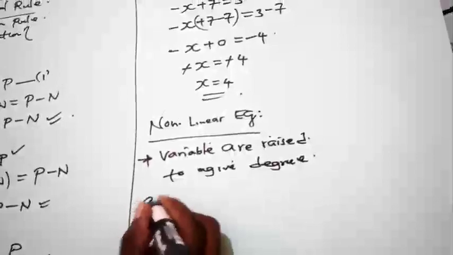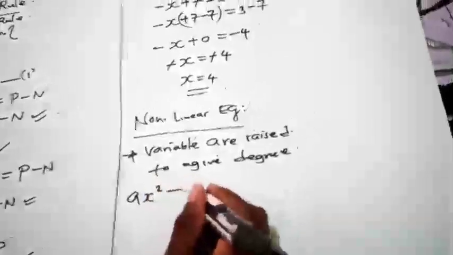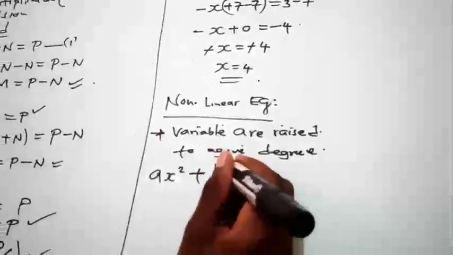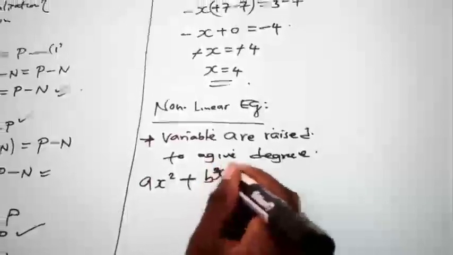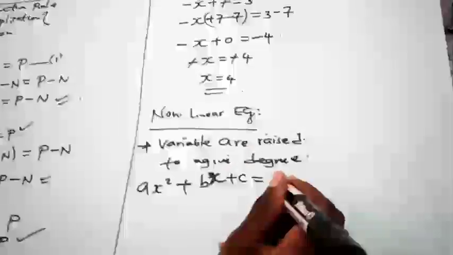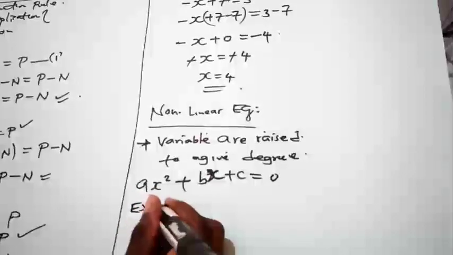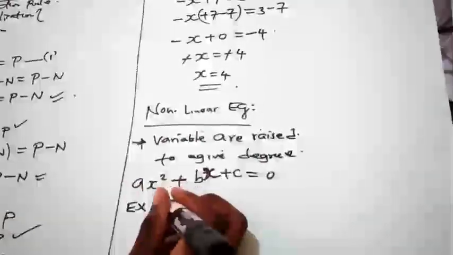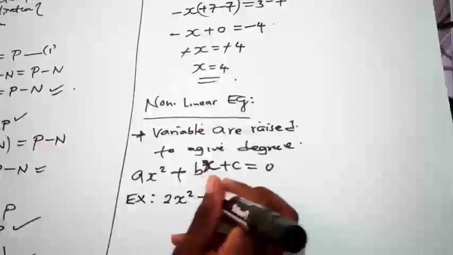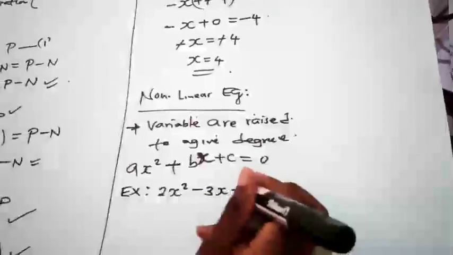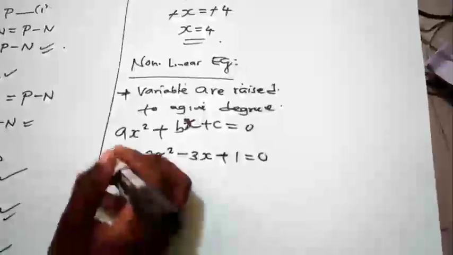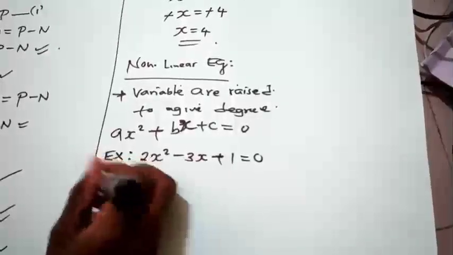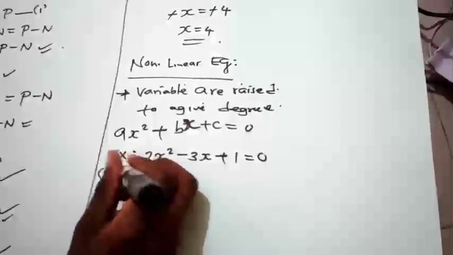Like the quadratic function, we normally find ourselves with ax squared plus bx plus c equals 0. So we can take an example. We talk about 2x squared minus 3x plus 1 equals 0. From our high school, we were told we can solve this using factorization.